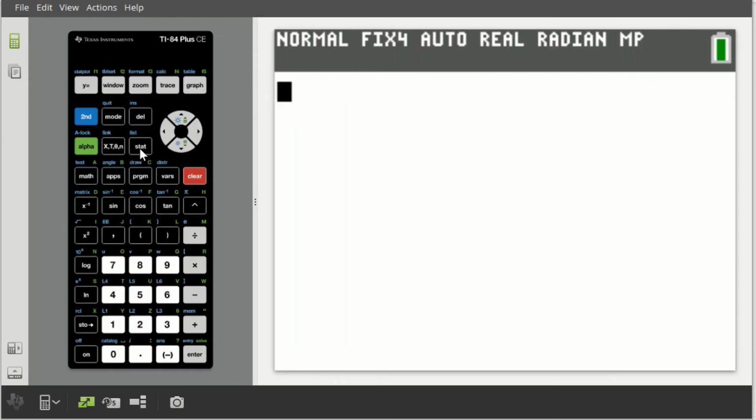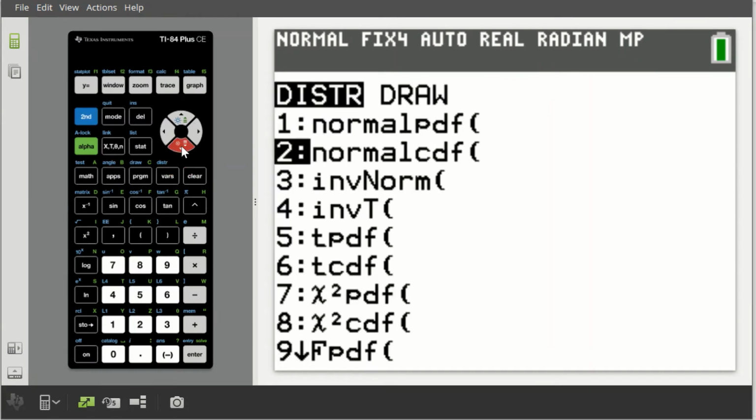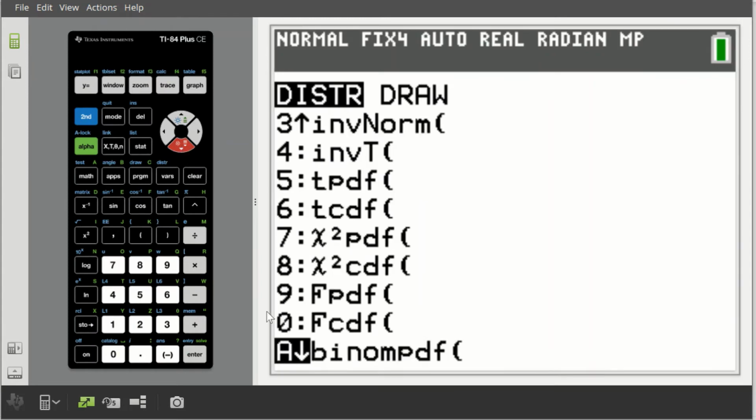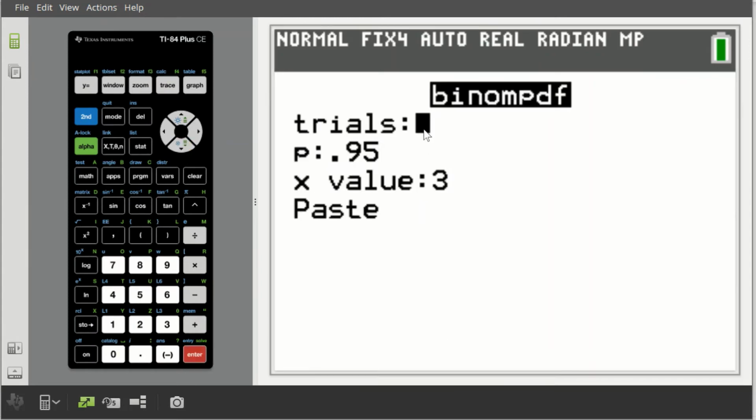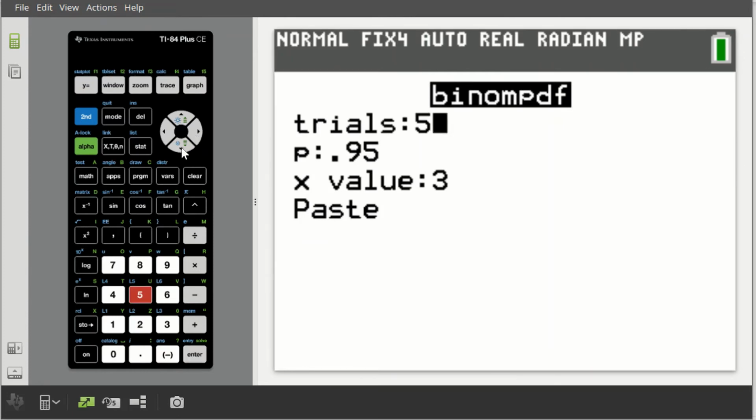Okay, by using the calculator, let's see how we get that. We go to second, then distribution, and then we go to binomial PDF down here. Number of trials here, we ask 5 of them. So 5. Probability that they answer yes is 0.15.